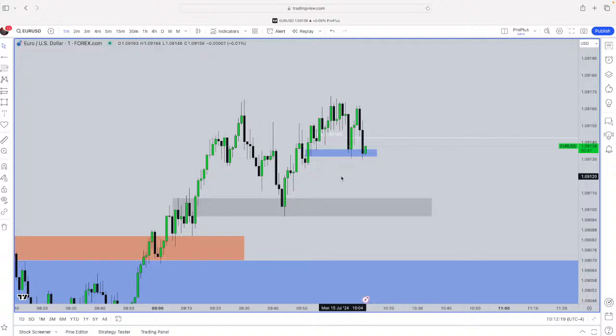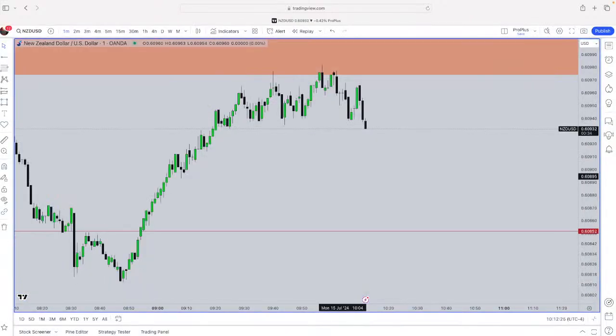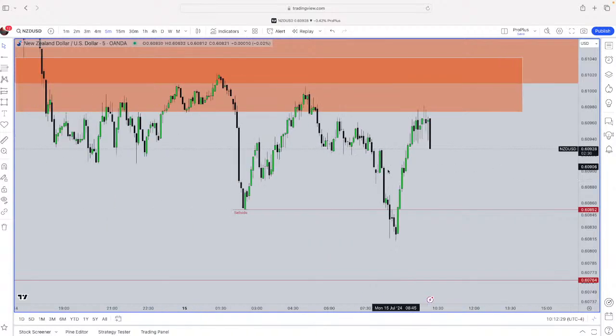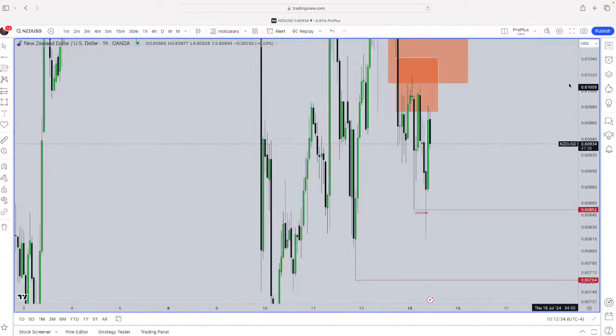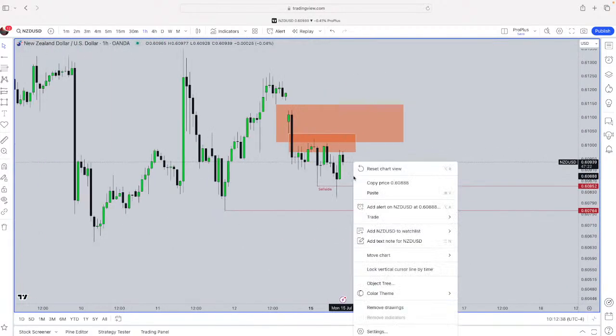Looking long for Kiwi dollar. I saw the liquidity void there. Sell side got taken there, ran up higher. Let's just delete this.